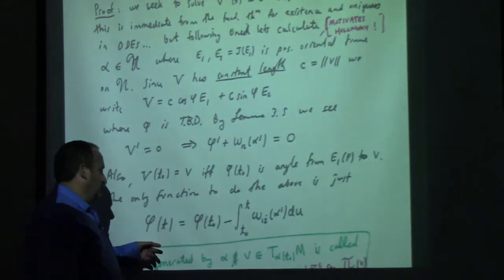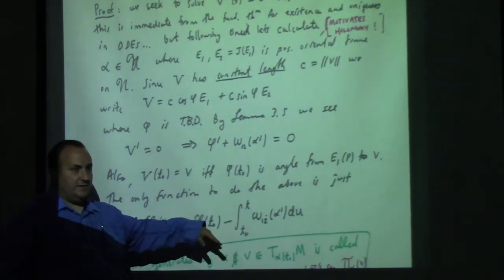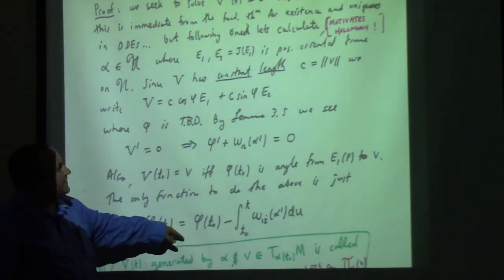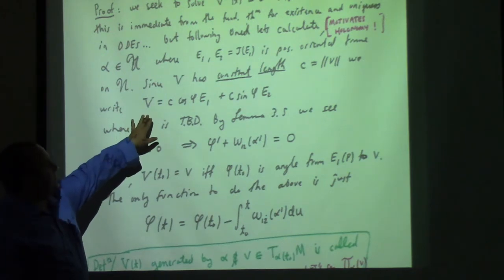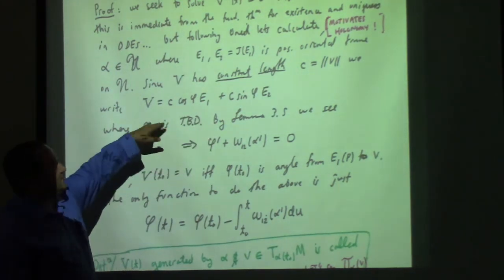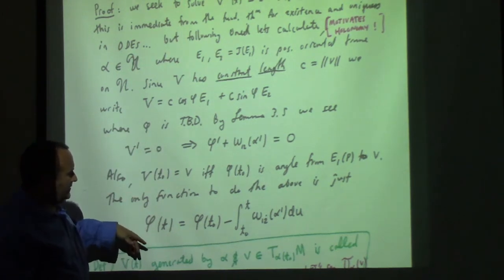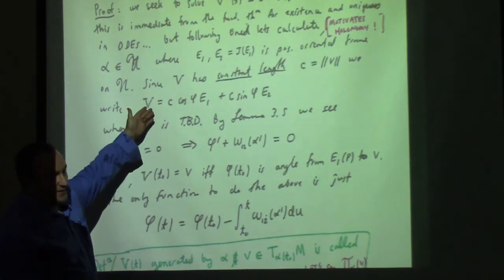When t equals t naught, this integral piece drops out, and you're just left with phi of t naught again. So initially, the initial vector is given by c cosine phi naught e1 plus c sine phi naught e2. So that reproduces the original vector that you're given at that initial angle.